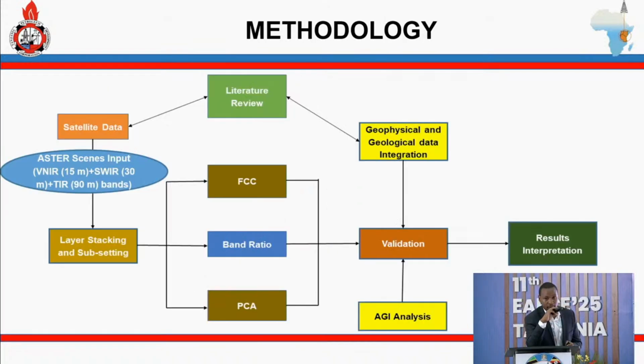In terms of methodology, as I've tried to explain, we use the satellite images. Of course, you need to have a literature review as well to understand what is going on around. I've downloaded ASTER scenes with 15 meters, 30 meters, and 90 meters resolution bands, following the normal procedures of stacking, FCC, band ratio, PCA, and also for validation we use the AGI analysis.